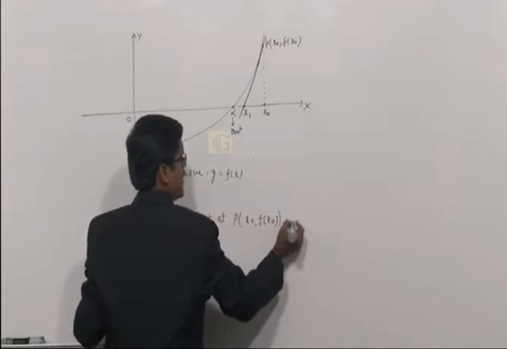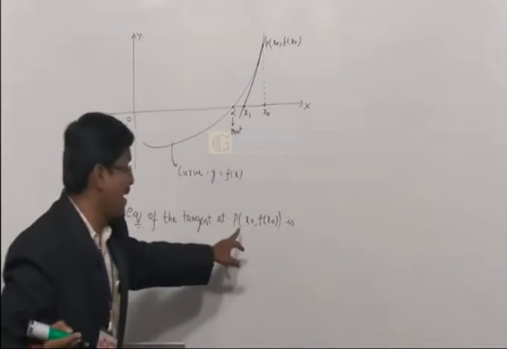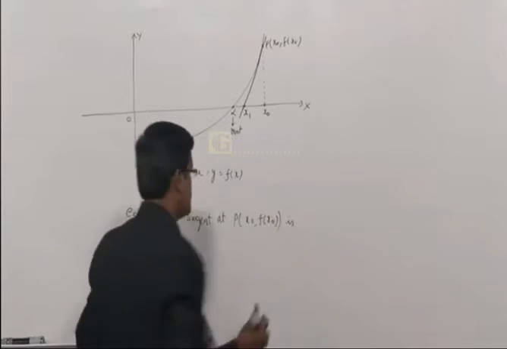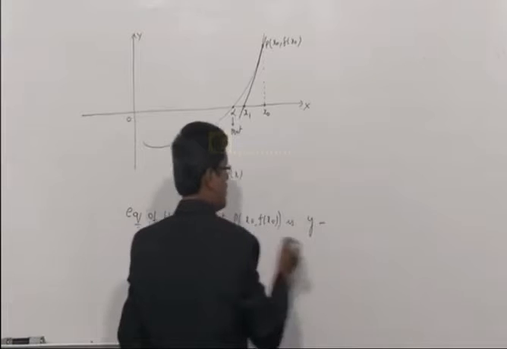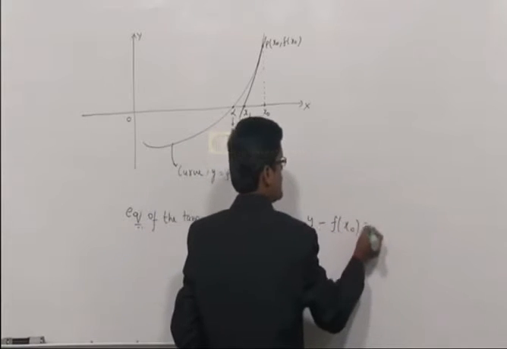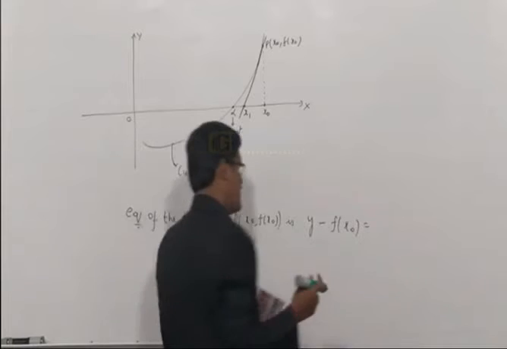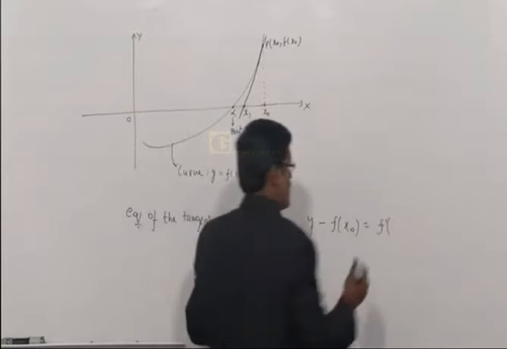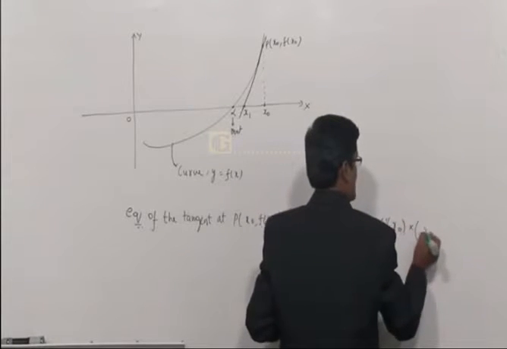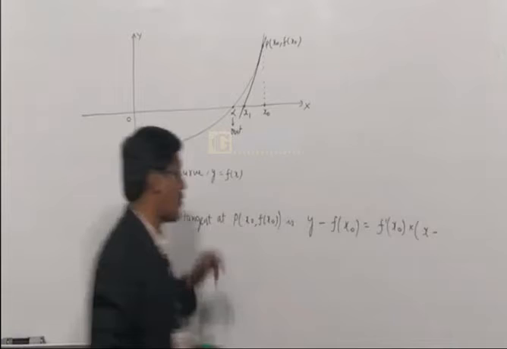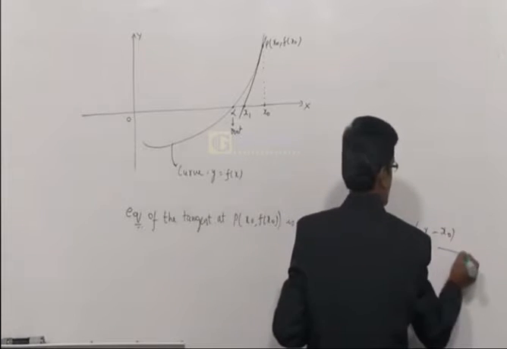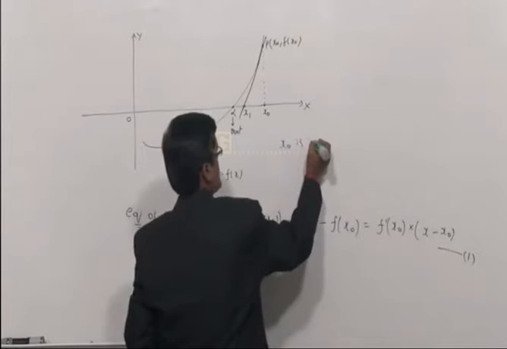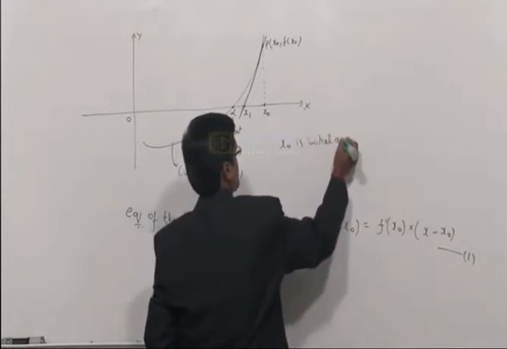In calculus, I have given the equation of the tangent at P(x1, y1): y minus y1, where y1 is the y coordinate of that point, is equal to f dash x at that point, into x minus x1, where x1 is the x coordinate of the point. Here the point is x0, and y1 is f of x0. So, y minus f(x0) is equal to f dash (x0) into x minus x0. Say equation 1. Here x0 is the initial approximation.